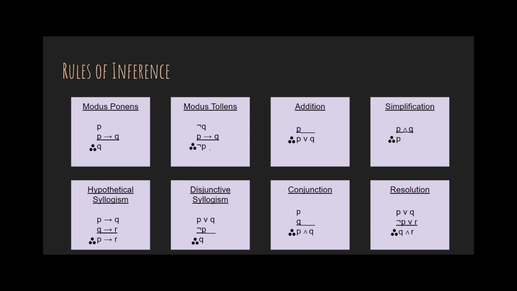In the form of contraposition, we're looking at negation of Q implies negation of P. So, if P is true, then Q is true, but Q is not true, therefore P is not true.